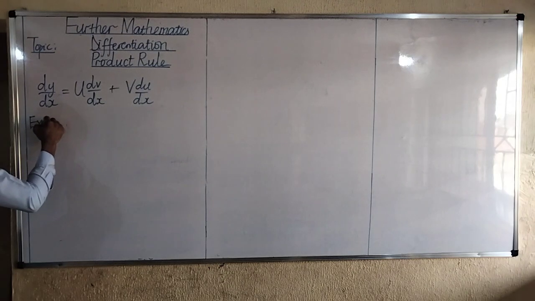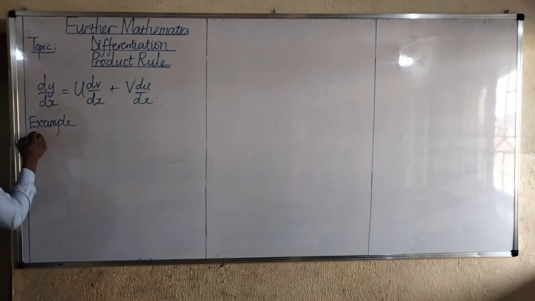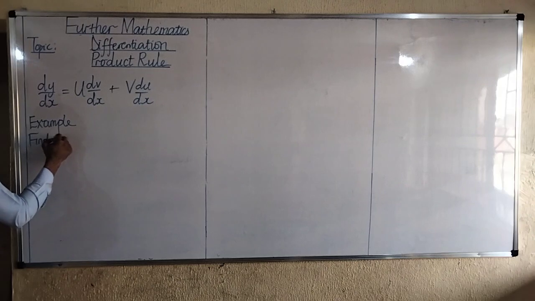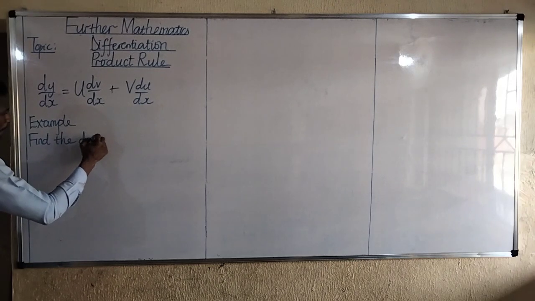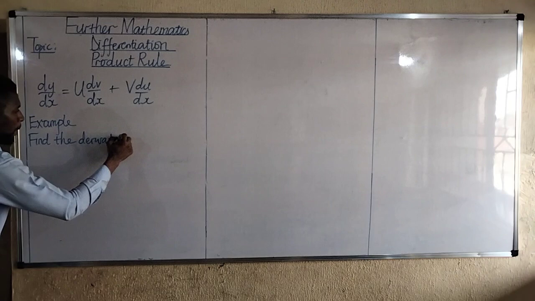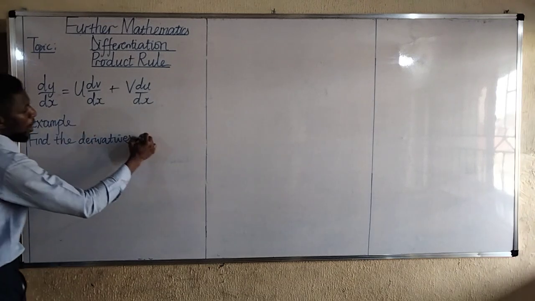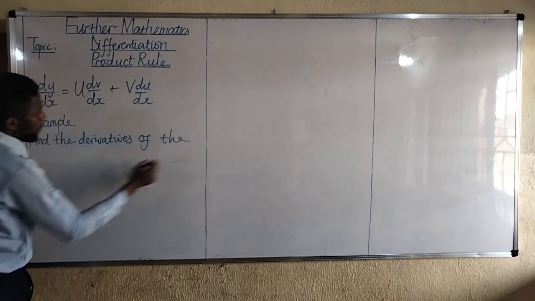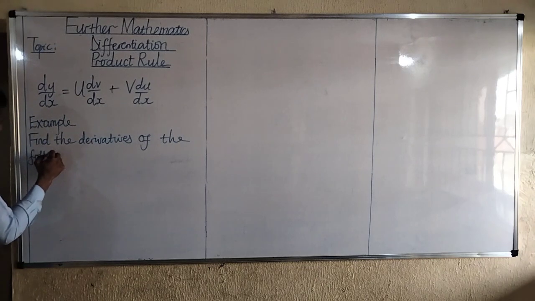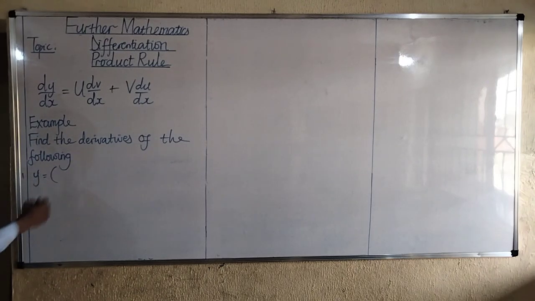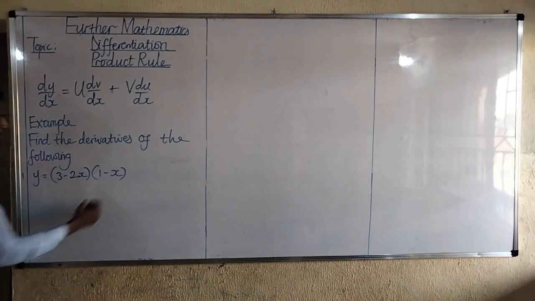Example: find the derivative of the following. 1. y equals (3 minus 2x) multiplied by (1 minus x).